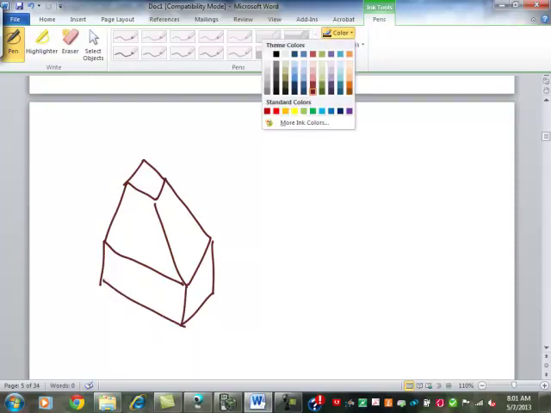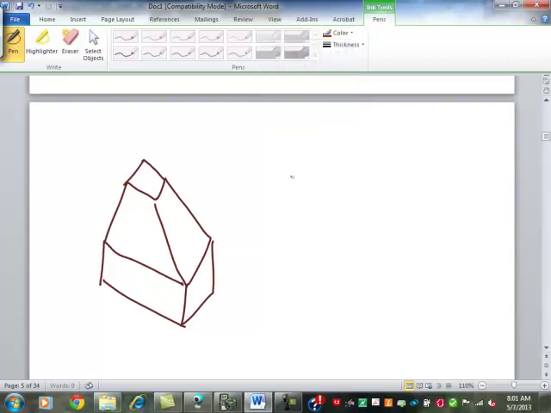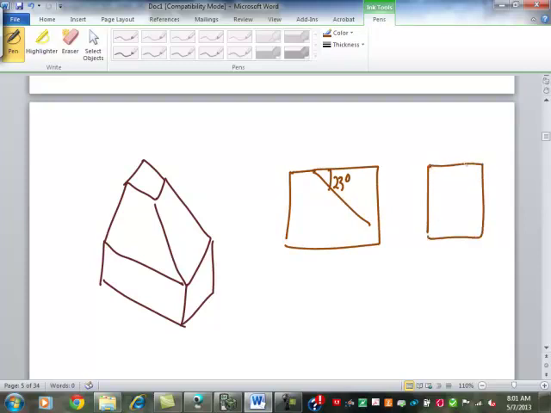So what we have here, if I'm looking at this from the front, this cutoff angle here is 23 degrees. Looking at it from the end, this cutoff angle here is 31 degrees.